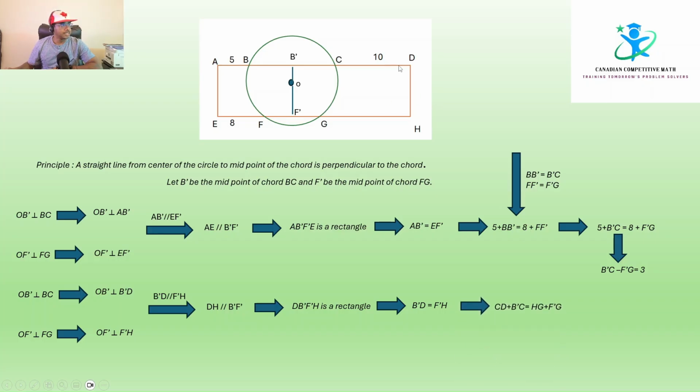That means CD plus B'C equals HG plus F'G. CD is 10, so 10 plus B'C equals HG plus F'G. Now HG equals 10 plus B'C minus F'G. From the above observation, we know that B'C minus F'G is 3. So if you substitute 3 here, we can say that HG equals 13.